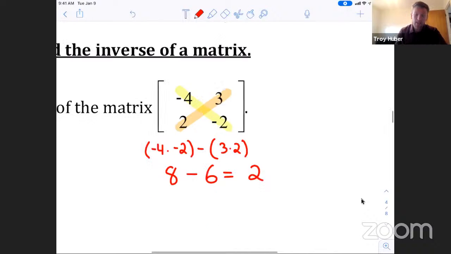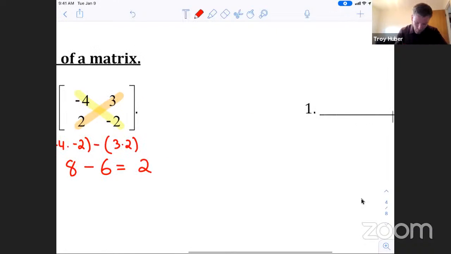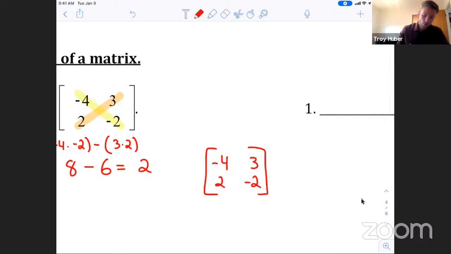Now, to find your inverse, you have to multiply your matrix by 1 over your determinant.